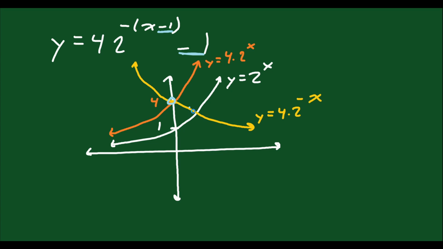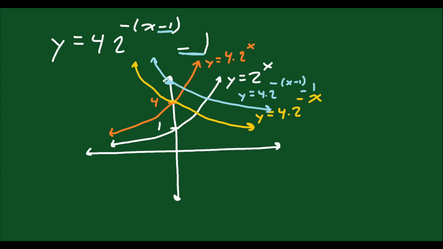So it can be tricky to figure out exactly how to draw this. For now, I'll draw it like this, because even though it's moving down, it's also going to the right. And that blue line there I will call y equals 4 times 2 to the negative x minus 1, minus 1. So that will be our final answer. And it's going to have a y-intercept up here above 4.